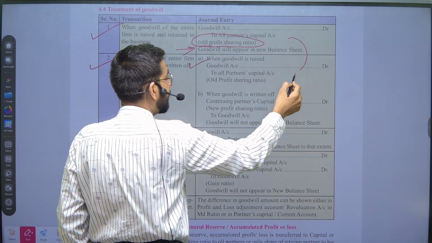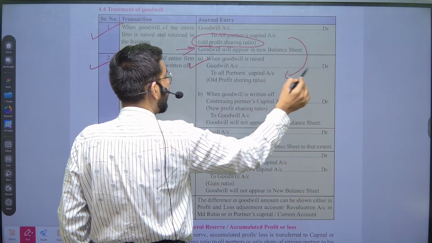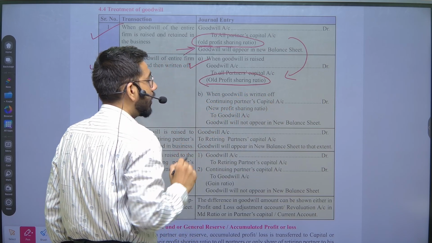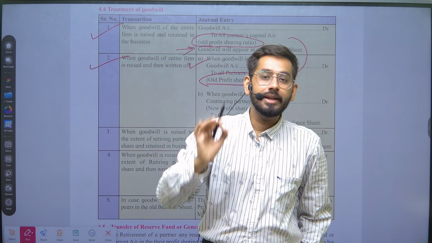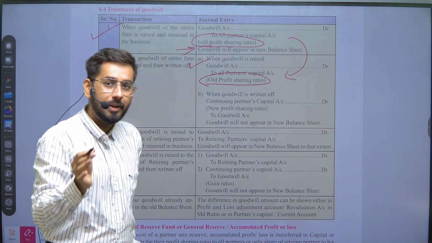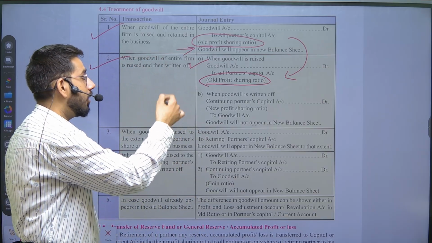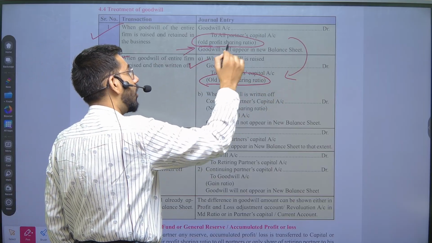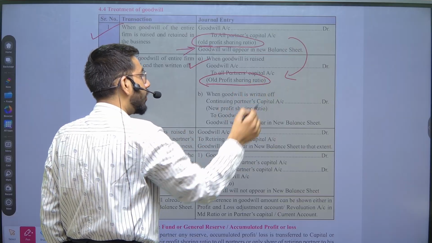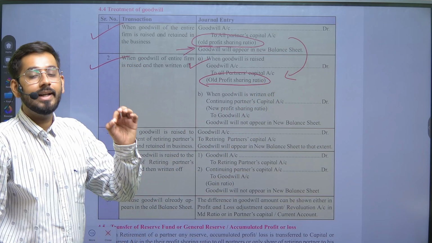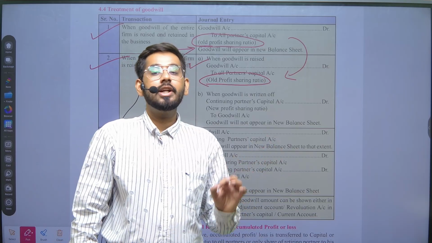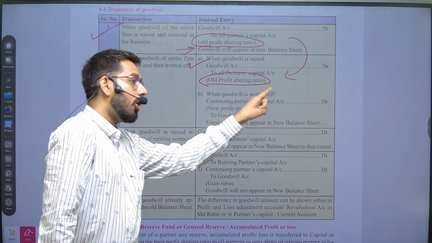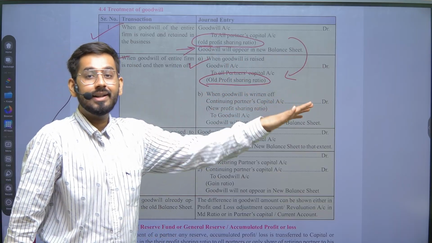Similar entry passed, goodwill account debit to all partners capital account, and it will be distributed according to the old profit sharing ratio, because it includes all the partners, also including the retiring partner.